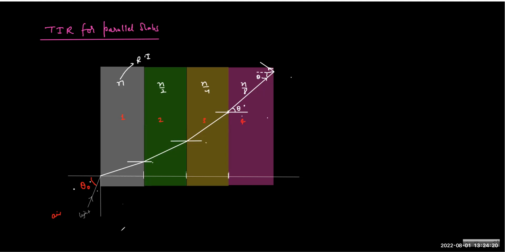So when theta is 0, the transmission will be how much? For normal incidence, is it 100%?